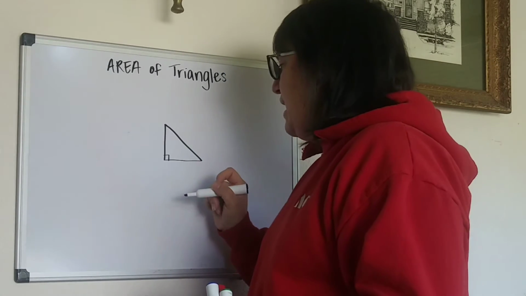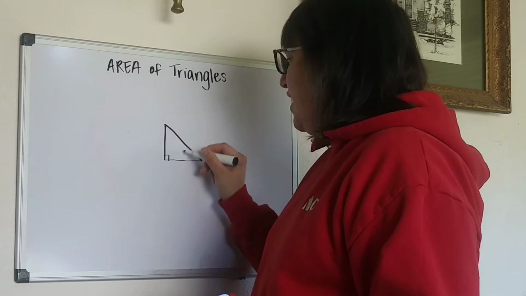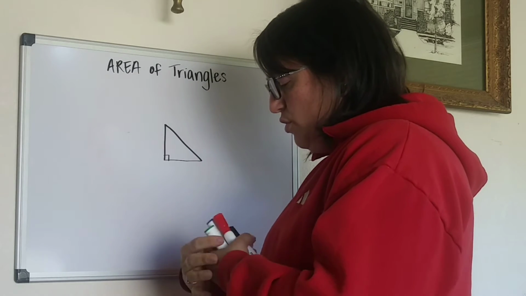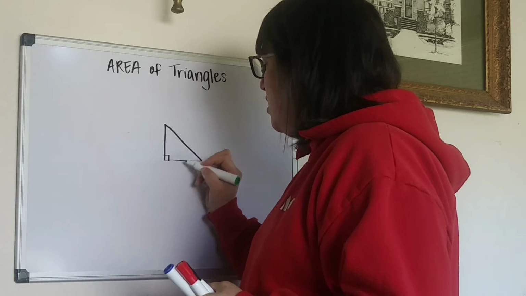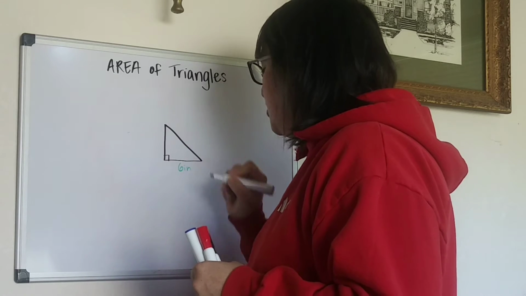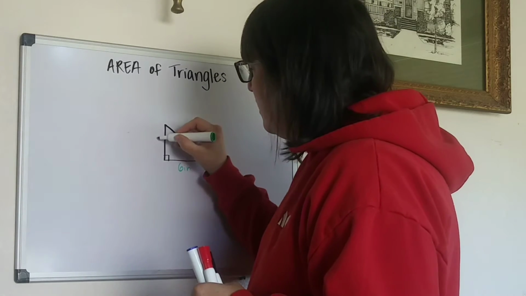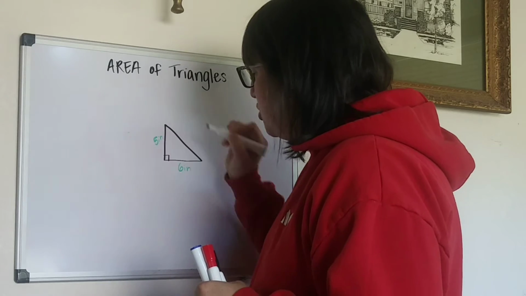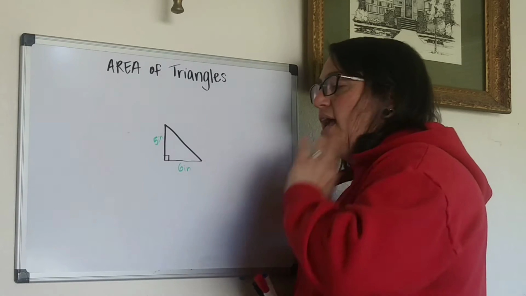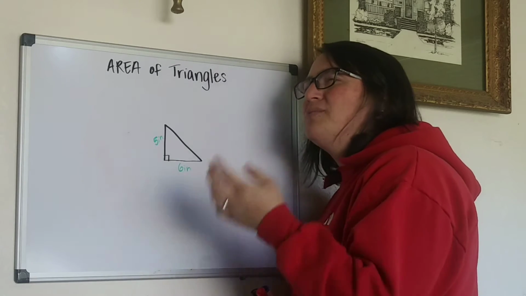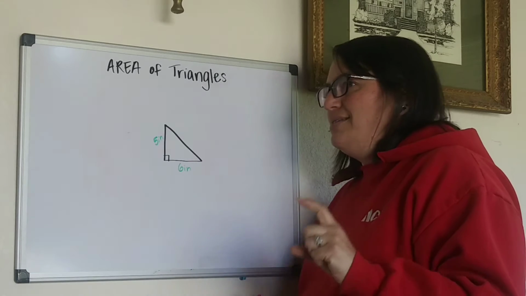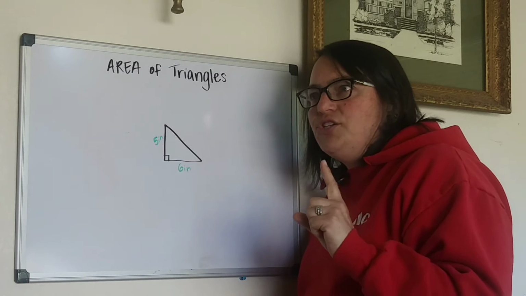Let's say we are trying to figure out the area of this triangle, and we know that the base of it, let's say, is 6 inches, and the height of it is 5 inches. Well, if I think back to my parallelograms and I go, wait a minute, the area of a parallelogram is just base times height. So maybe I could do that.